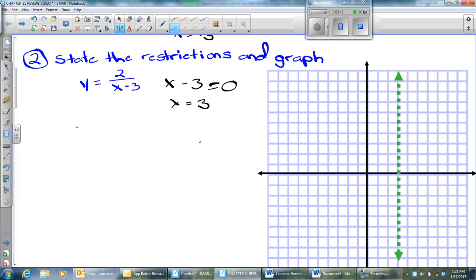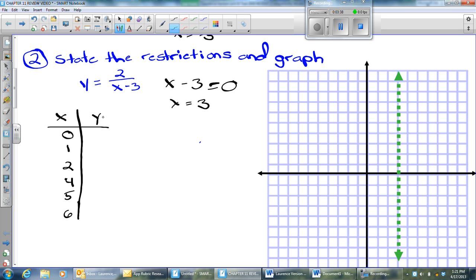Now we have our restrictions, so we're going to set up a t-table, x and y. I'm going to pick 3 numbers below positive 3, so let's do 2, 1, and 0. And 3 numbers above positive 3, so 4, 5, 6.